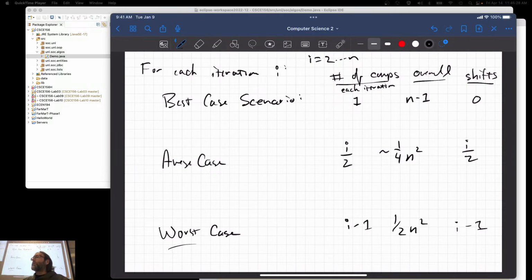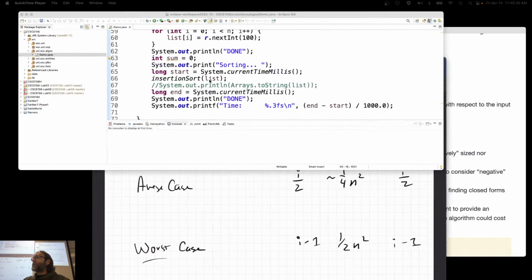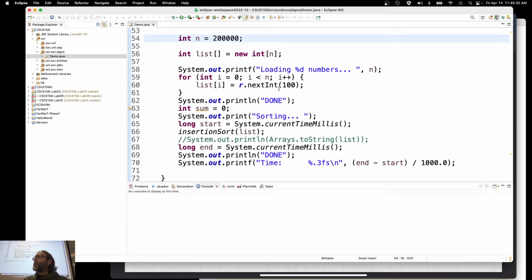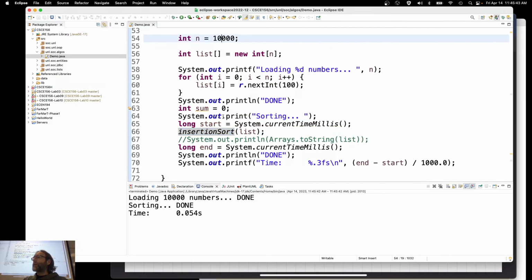Now I've got both of them implemented here. Unfortunately, it doesn't work out. I have no idea why it's not working out for me. But you can see the performance here, that this is a quadratic sorting algorithm. I've got insertion sort right here. If it's going to take, I think, 0.05 seconds for 10,000, if I go up to 100,000, it's going to be about 100 times slower. Why? Because it's quadratic. If I go from n to 10n, it's still squared.